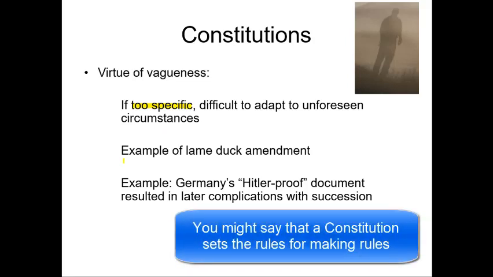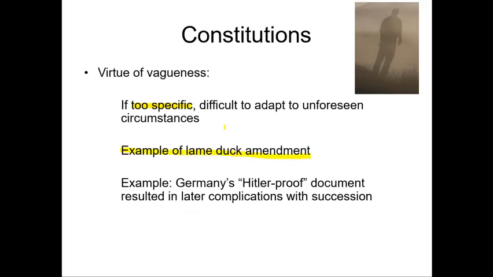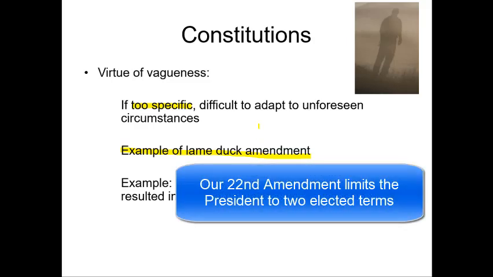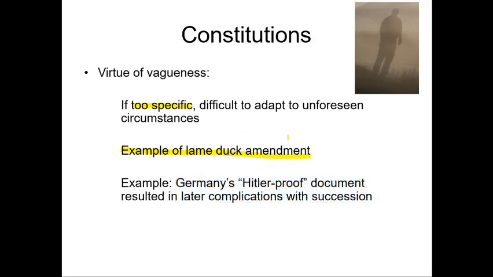The lame duck amendment is an interesting example. After Franklin Roosevelt was elected president 4 times, Congress put through a constitutional amendment that said the president cannot be elected for more than 2 consecutive terms.